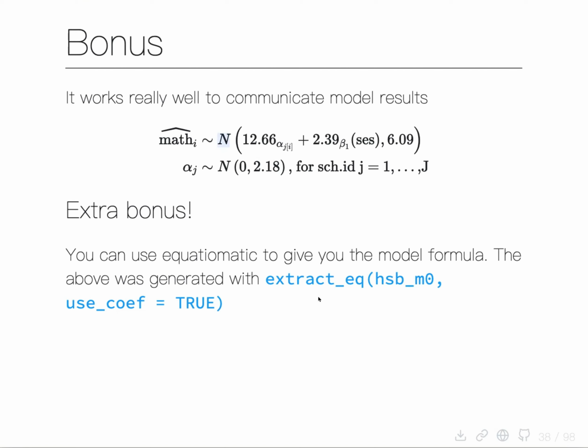So what's nice too is if you want to use Gelman and Hill notation, which I would encourage you to, you can get that model equation for any of your multilevel models at this point that have continuous outcomes by just using this function, extract_eq. So we extract_eq from hsb_m0, and in this case, if I want the actual estimated coefficients, I would just say use_coefs equals true.